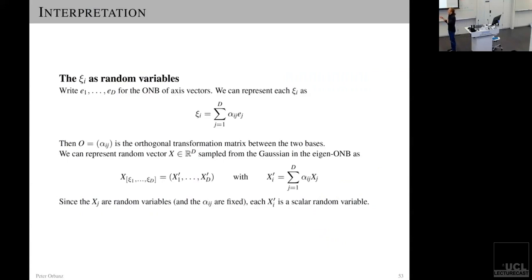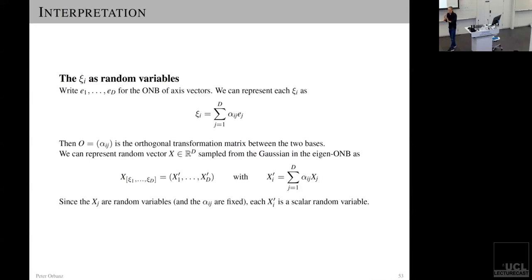If we now think of these psi's, we can also think of them as random variables, because if I think of this covariance matrix as something that I compute from a sample of data, then the covariance matrix is actually random, and then these things become random variables.